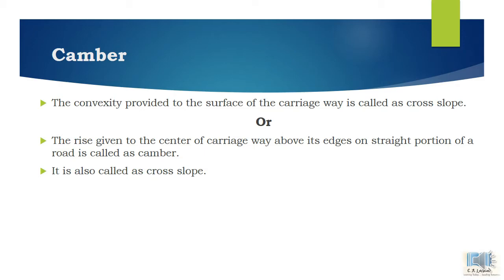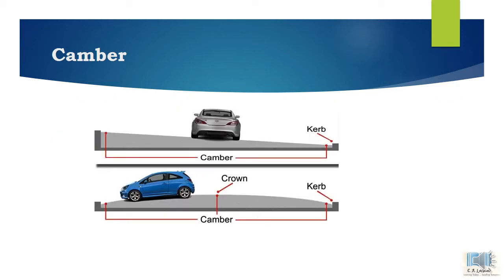Camber is also called cross slope. Means the rise given to the center of the road above its edge on a straight portion of a road is called camber. This is the diagram of camber.